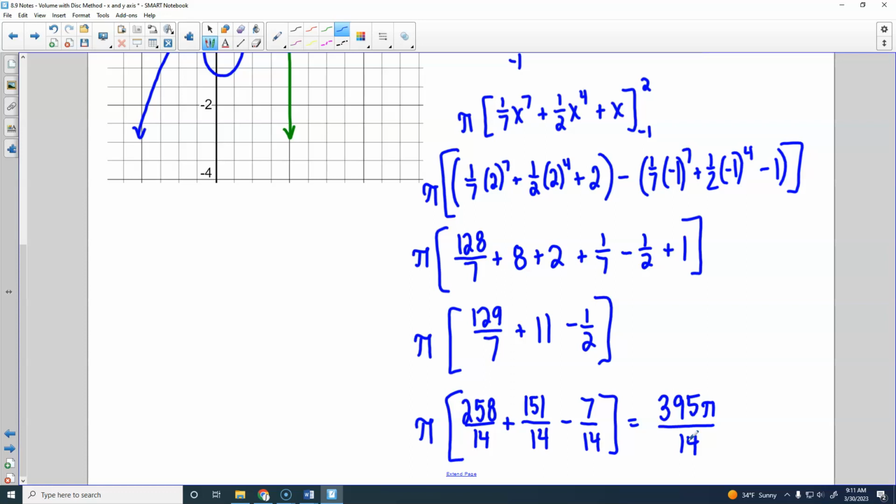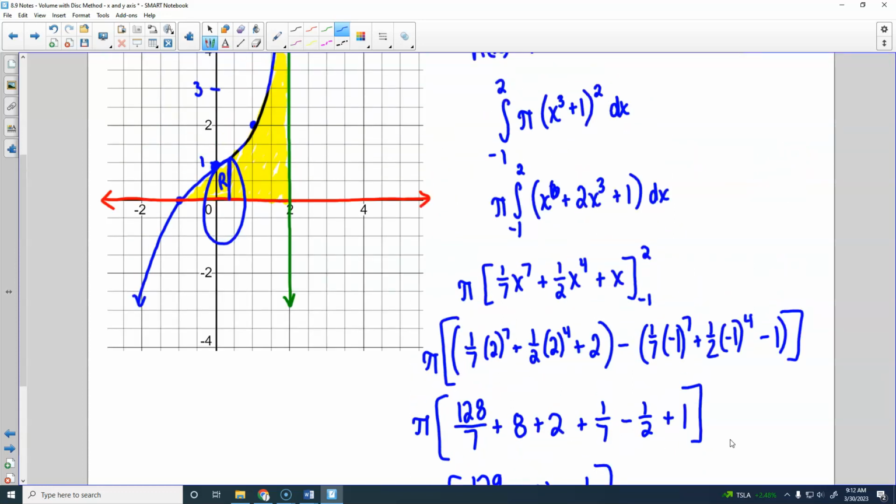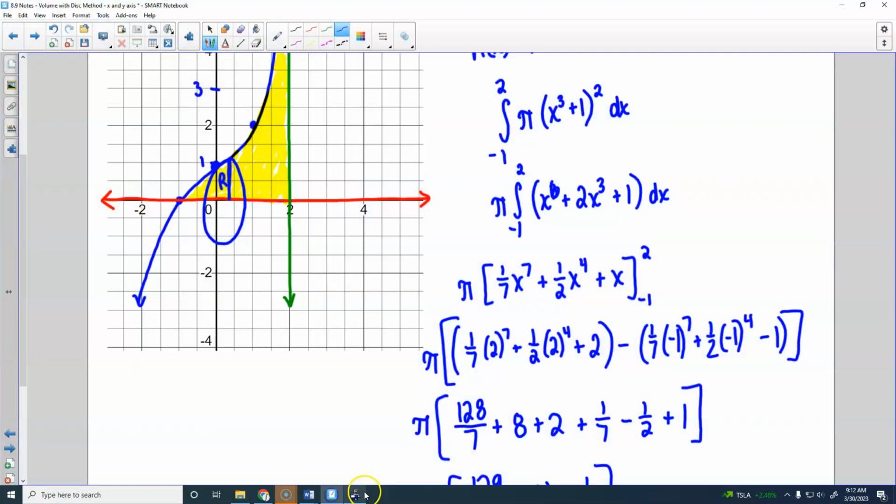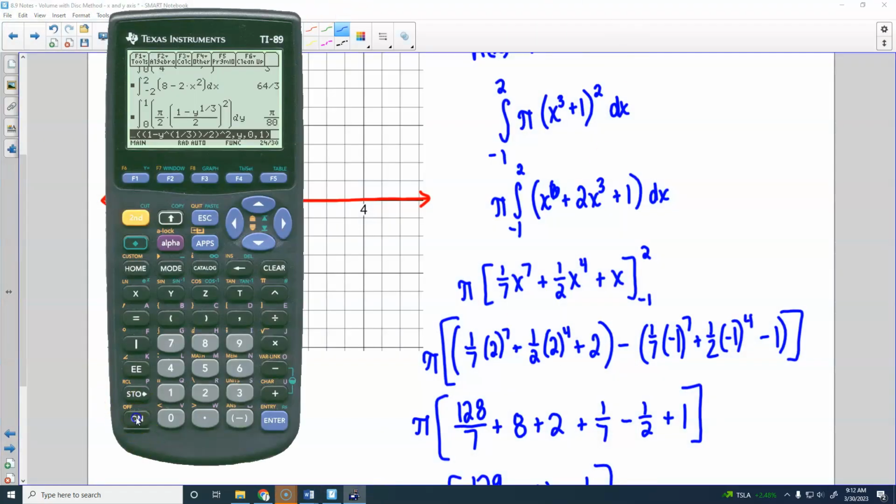Did you guys get the same thing? I'm going to integrate this on the calculator to confirm. And if I'm wrong, I'm just going to mark it out and say they probably wouldn't give us this without a calculator.